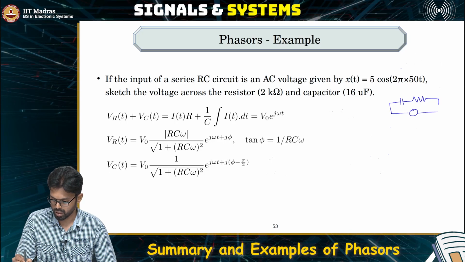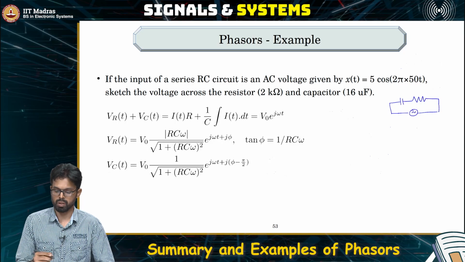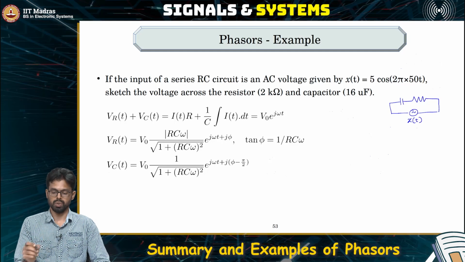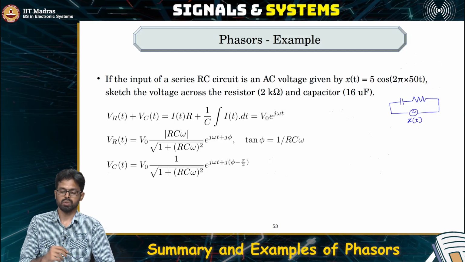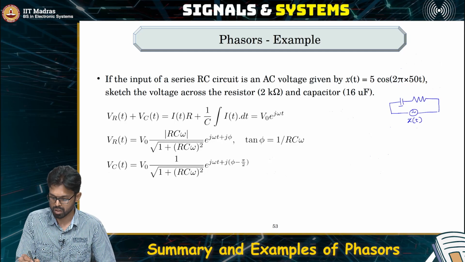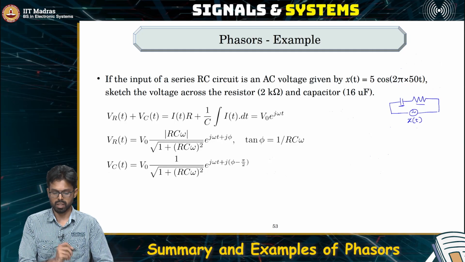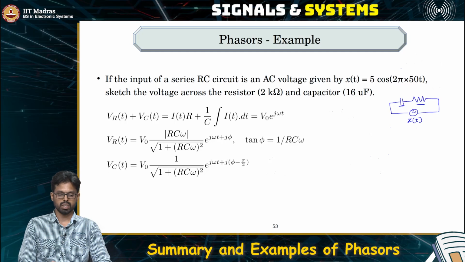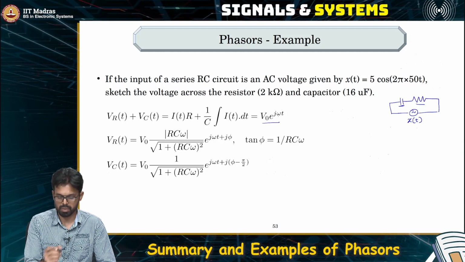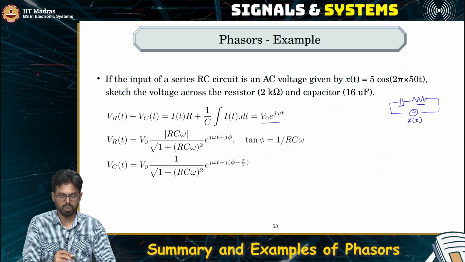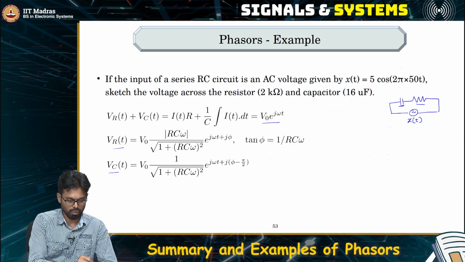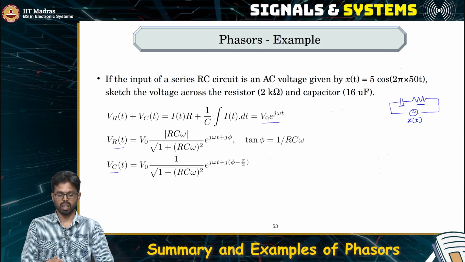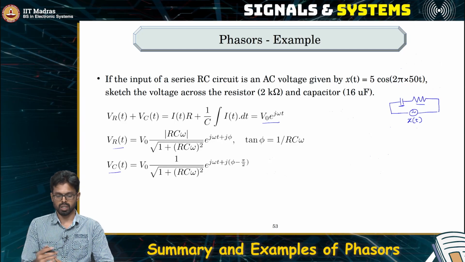In this case, we have a voltage source, and the voltage source supplies an AC voltage given by x of t, and we are supposed to find out the voltage across the capacitor and the resistor. So we will use our phasor notation and say that the input is actually a phasor, and we'll find out the corresponding voltages across the resistor and capacitor, and then from that we'll find out the actual voltage across the resistor and capacitor in real life.